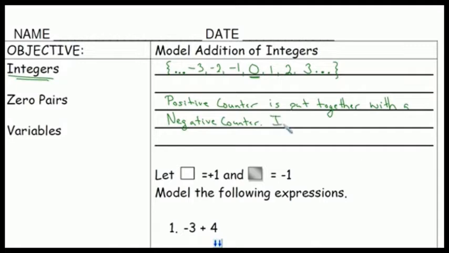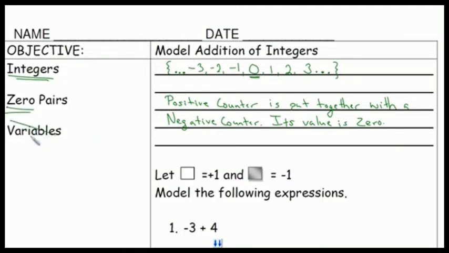And its value is 0. Therefore, the name zero pair.